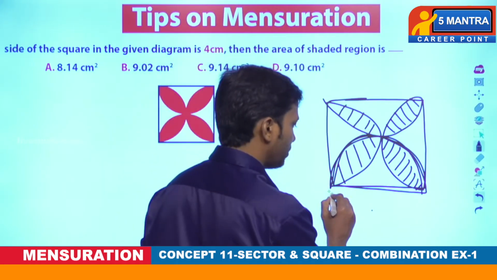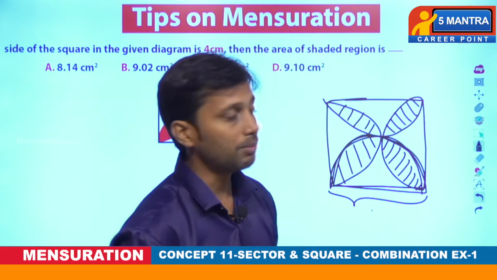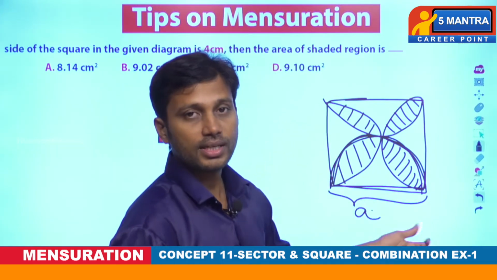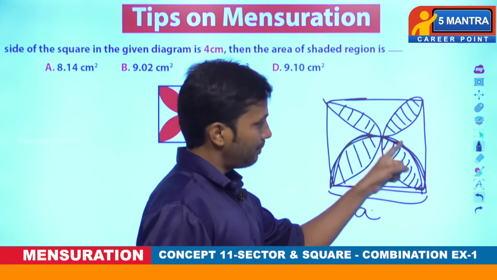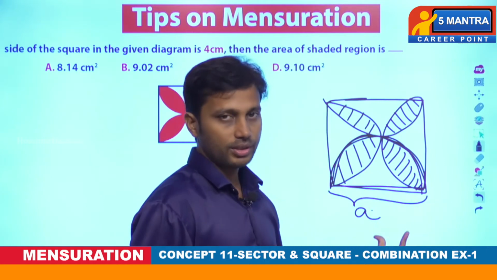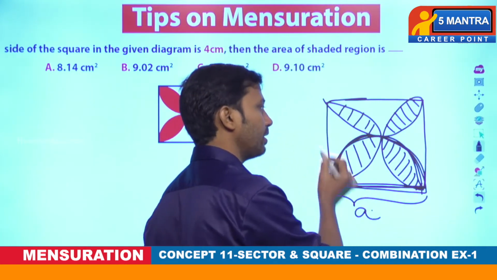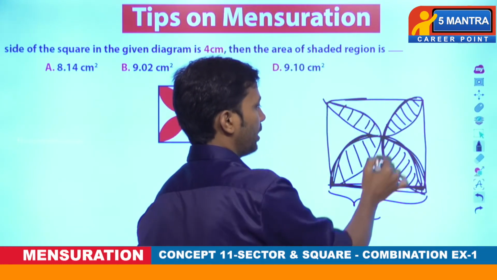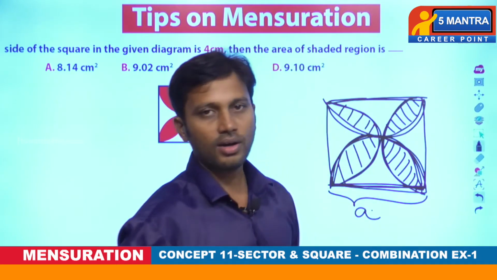Let me explain this clearly before starting the problem. See, here this is A. What is that? Side. That means the side and the diameter of every semicircle is also A, because this is a side and this is a diameter of a semicircle. These are all the semicircles.